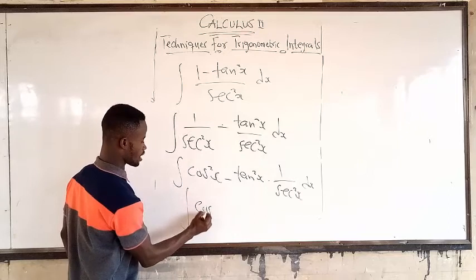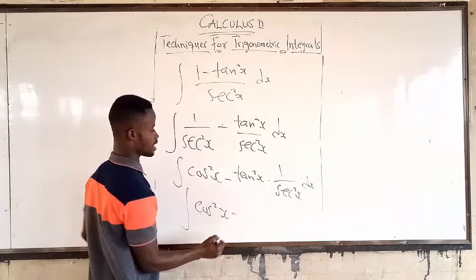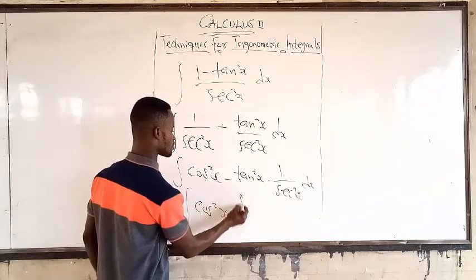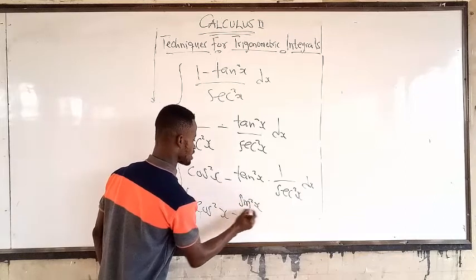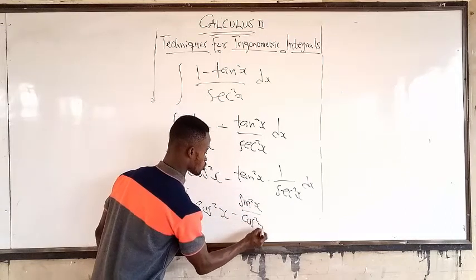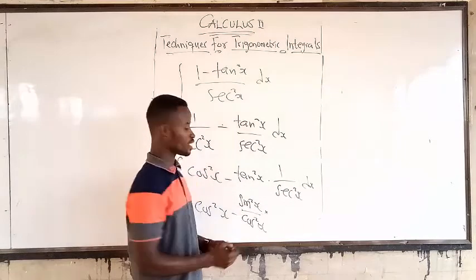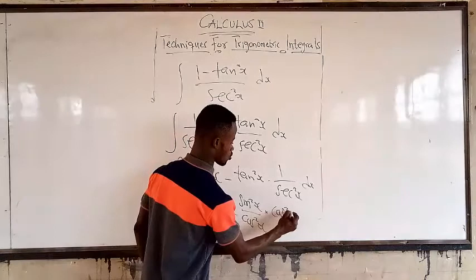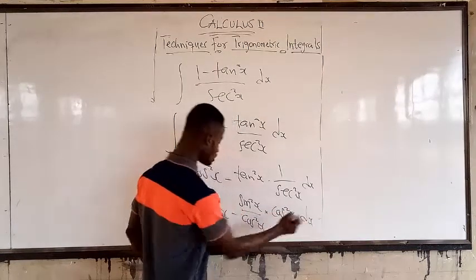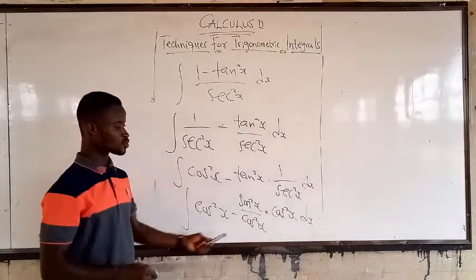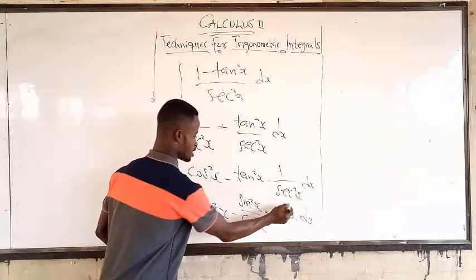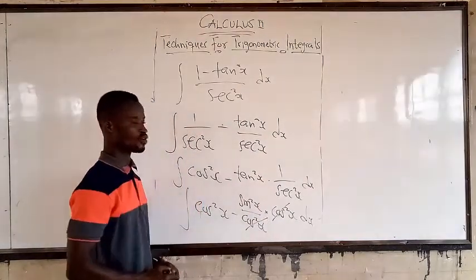So we get cos square x minus, this is the same as sine square x over cos square x times 1 over sec square, which is the same as cos square x dx. So with this, you can see clearly that this will take away this, alright?